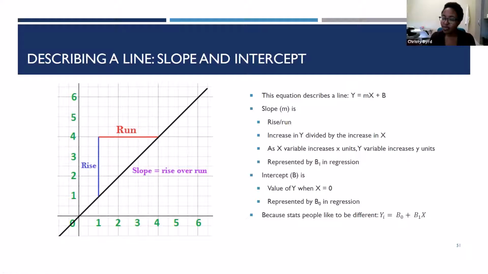And then the intercept of this line is the value of y when x is equal to 0. Let me get my laser pointer again. So here is where the line is crossing the y-axis. Where x equals 0, y is 0. So that's pretty easy.